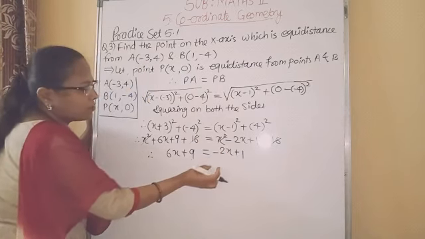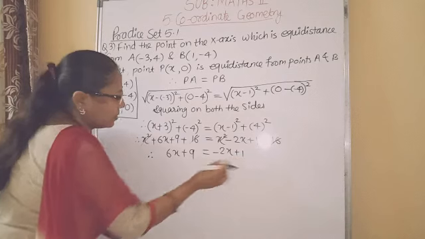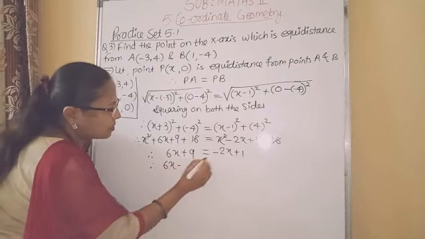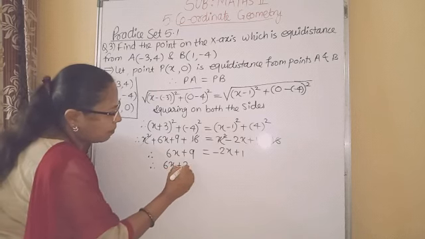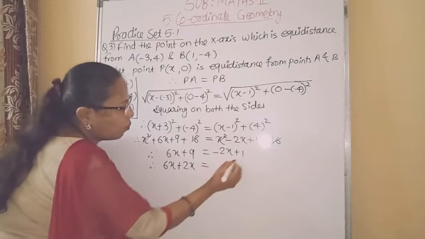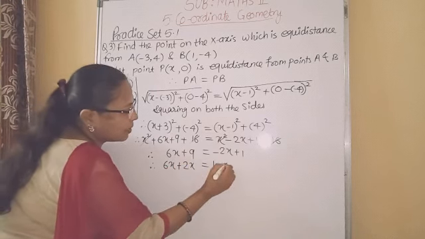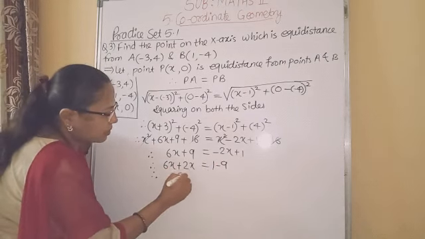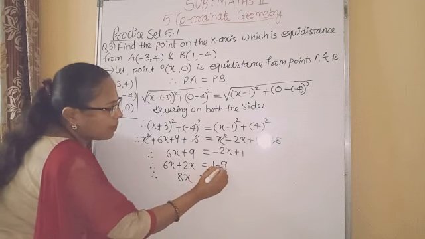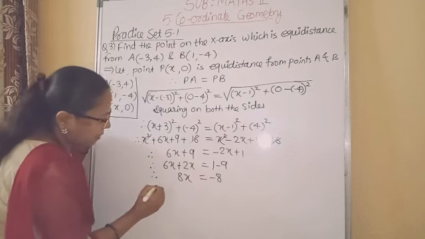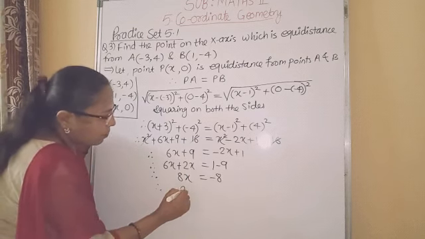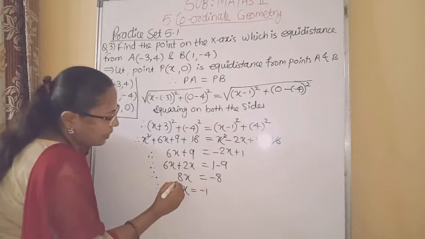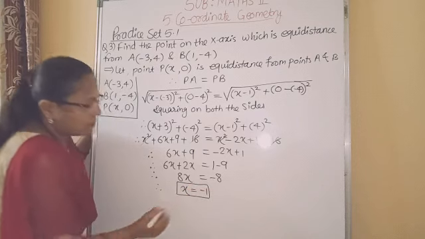Now we will take minus 2x on this side and 9 on this side. So we will get 6x minus 2x will become plus 2x. 1 plus 9 will become minus 9. So 6x plus 2x, 8x. 1 minus 9, minus 8. So if you divide this by 8, you will get x is equal to minus 1.